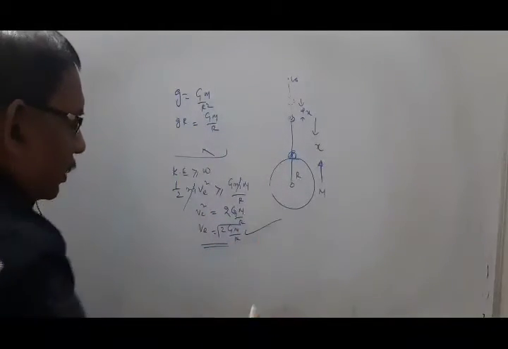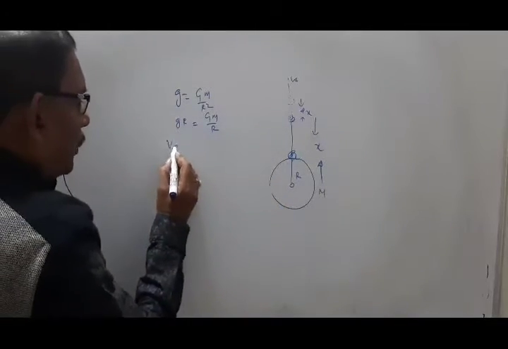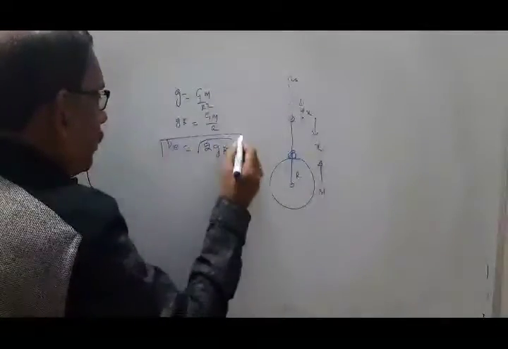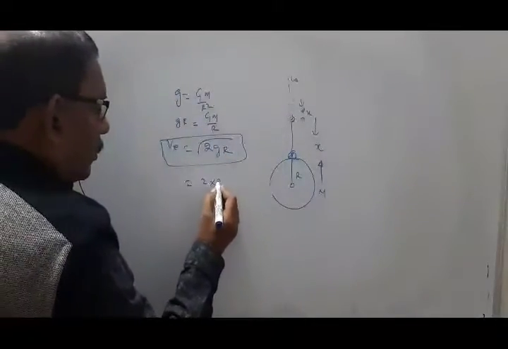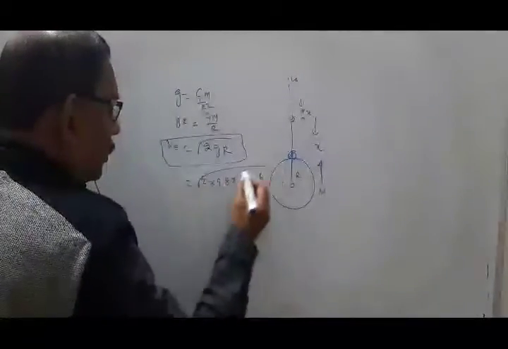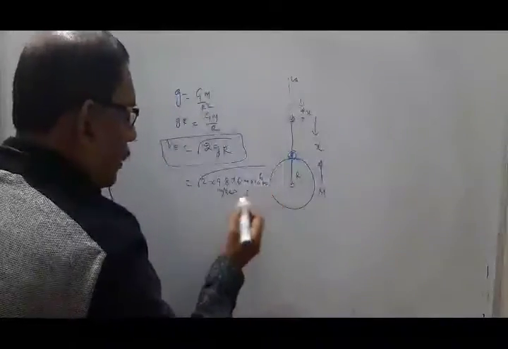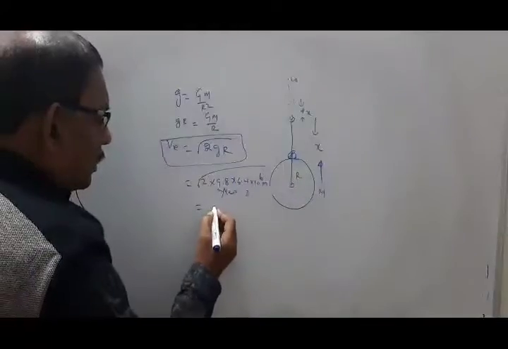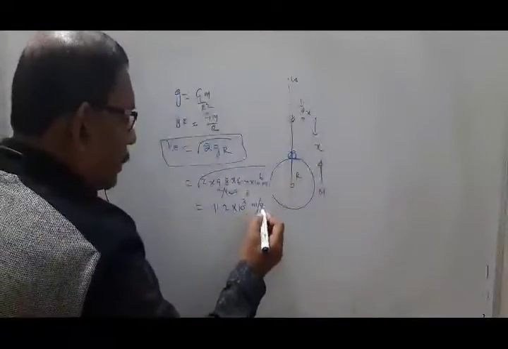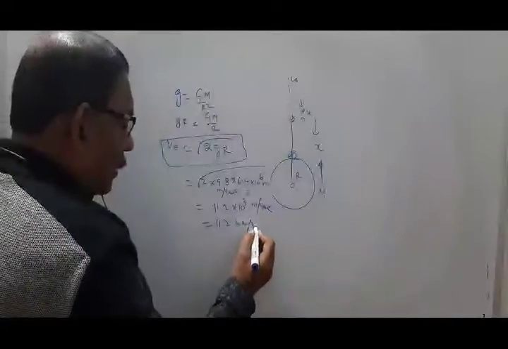We will modify these equations now: v_e = √(2gR). Putting in the values 9.8 and 6.4 × 10⁶ meters, we get 11.2 × 10³ meters per second, that is, 11.2 kilometers per second.